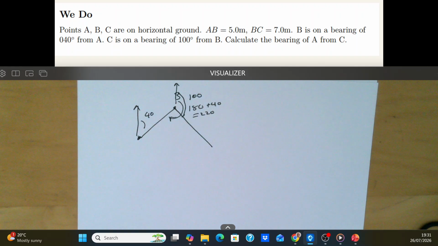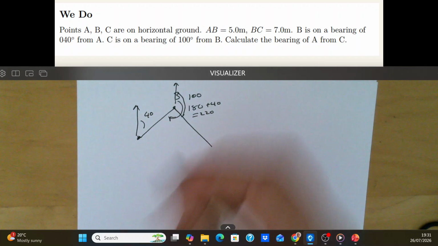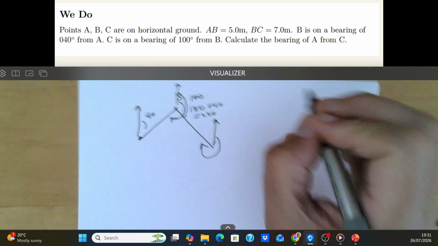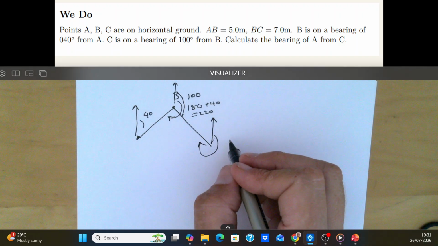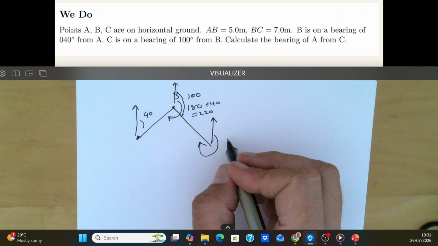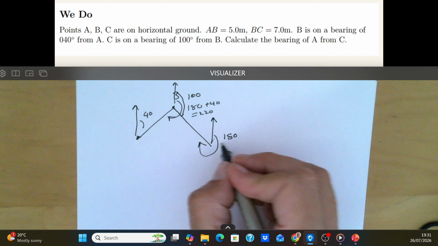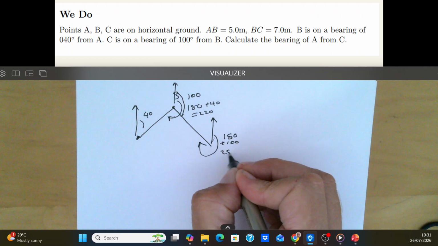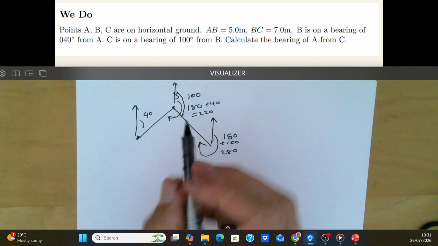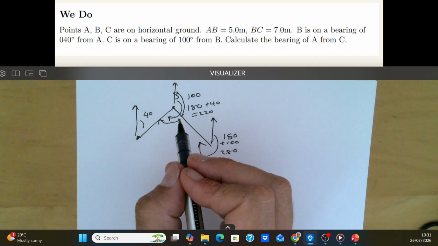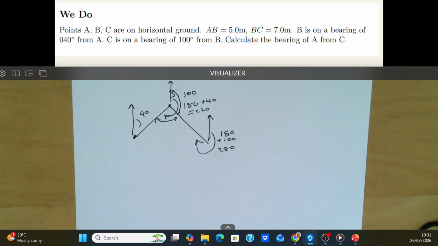So what can I work out now? There's two things I can work out now. Work out that. So you should have done 180 plus 100, 280. So you've got that. Work out this angle here, which you should have done by doing what?